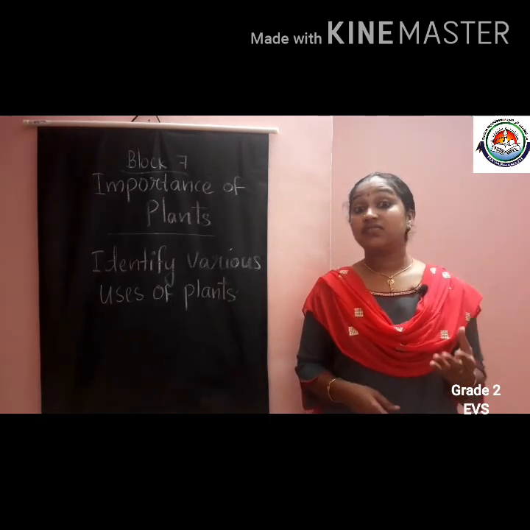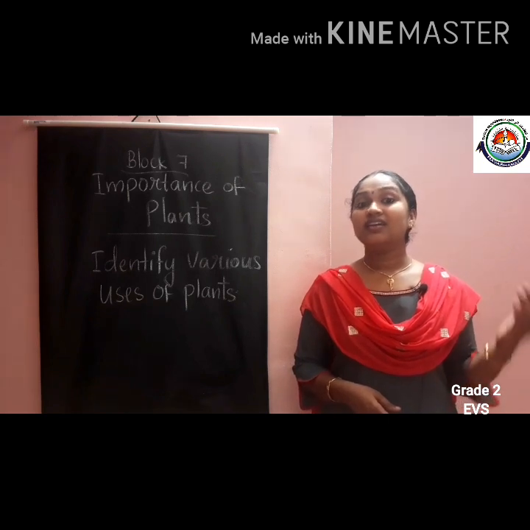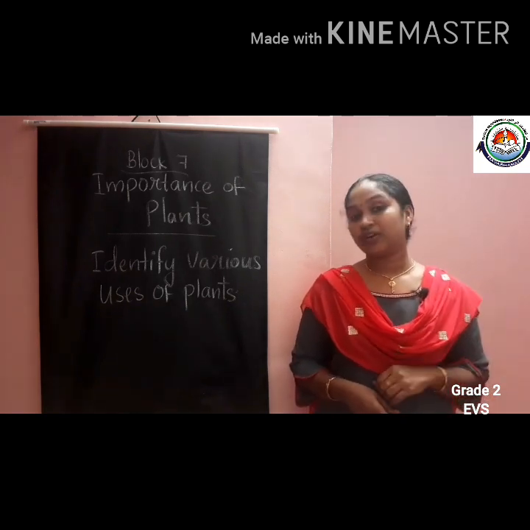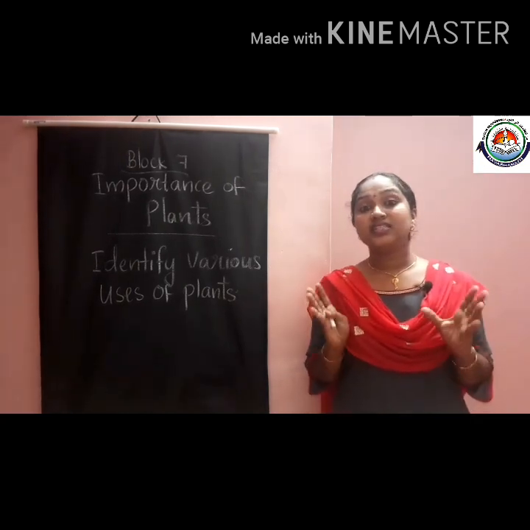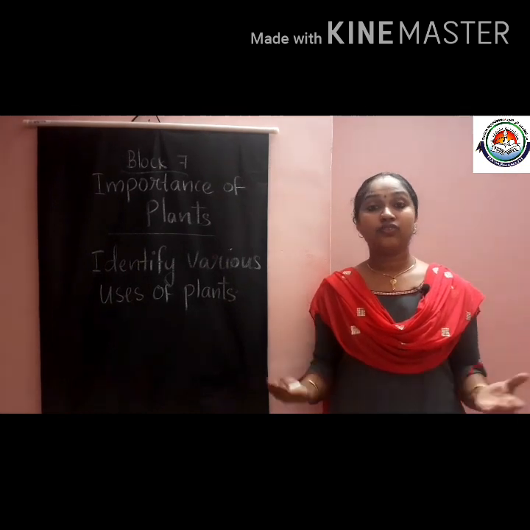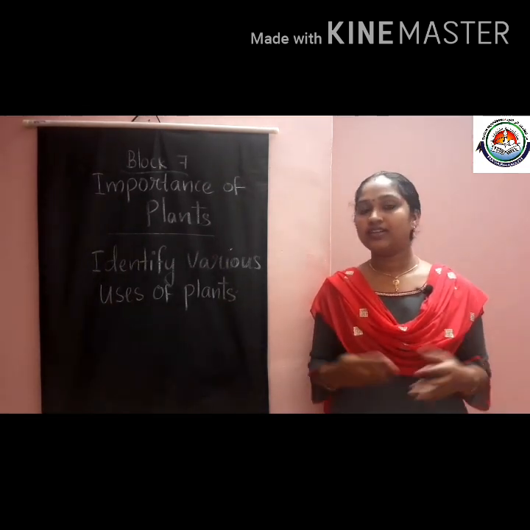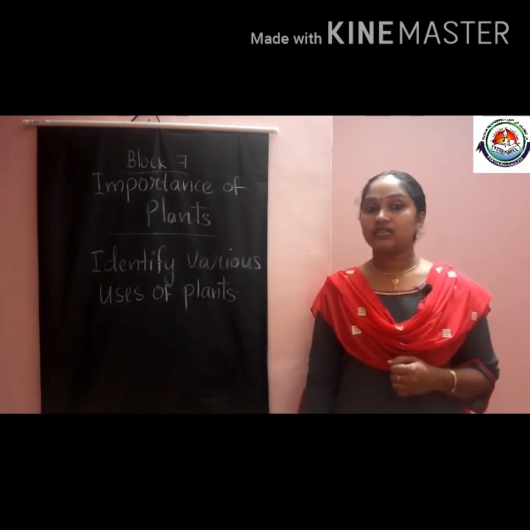We can survive on this island by making use of things that we get from the plants, right? In today's class, we will make a list of things that we get from the plants. Very interesting. Okay. What are the different uses of plants?